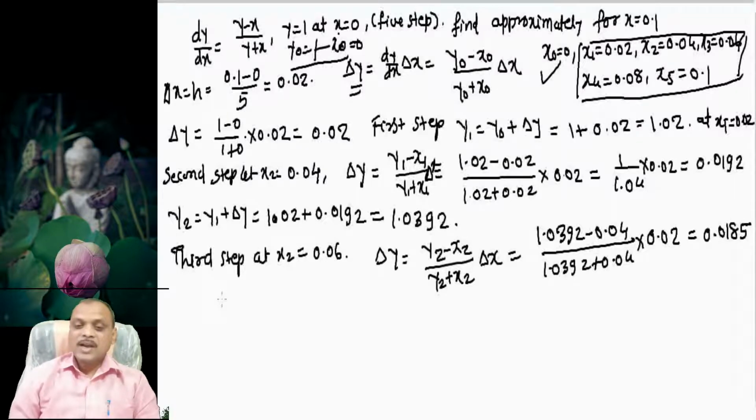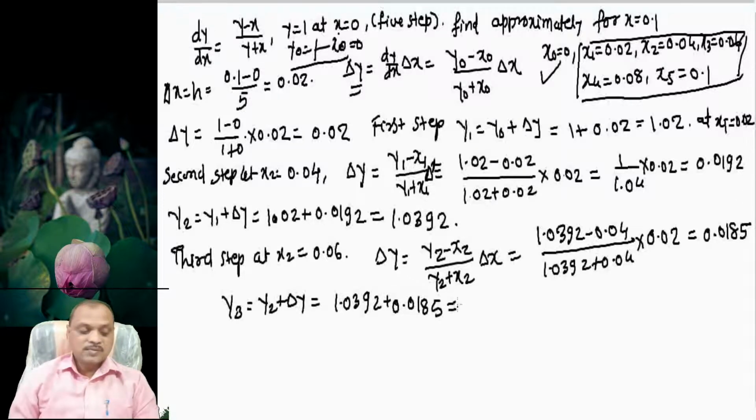From this, y3 equals y2 plus delta y, which is 1.0392 plus 0.0185, and we get 1.0577, at the point x equal to 0.06.